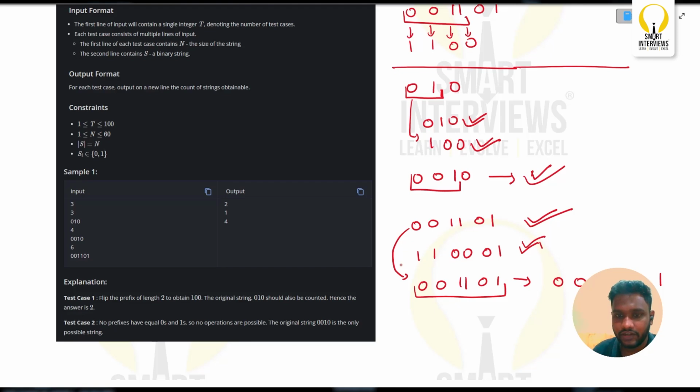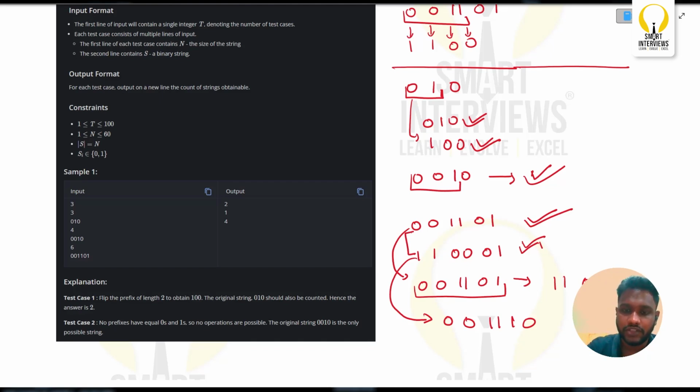From this, 0, 0, 1, 1, 1, 0. Since we are flipping this, it will be 1, 1, 0, 0, 1, 0. So we had our original string, we flipped it, and we got one more string.